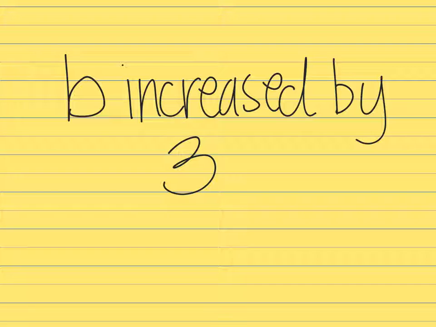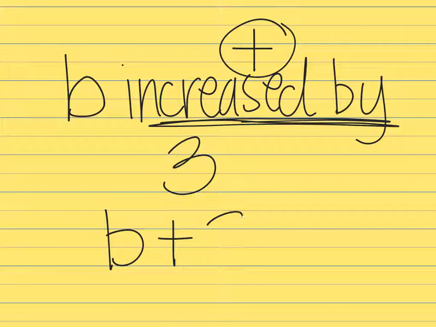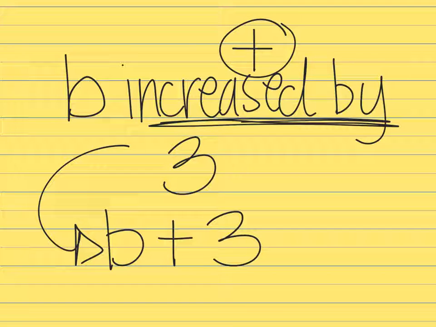I have to translate that into an algebraic expression, and I know an algebraic expression is a combination of numbers, variables, and at least one operation. Here, I have to decipher increased by. What operation would be increased by? What would I do? Excellent. That's the addition, increased by. So, I could write my algebraic expression B plus 3. I went from phrase to algebraic expression.